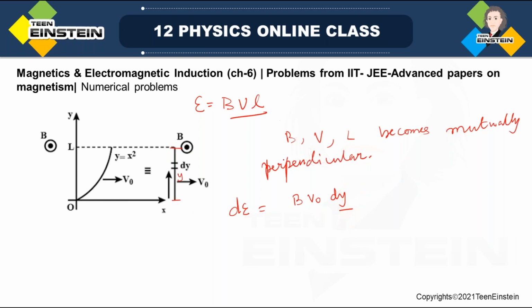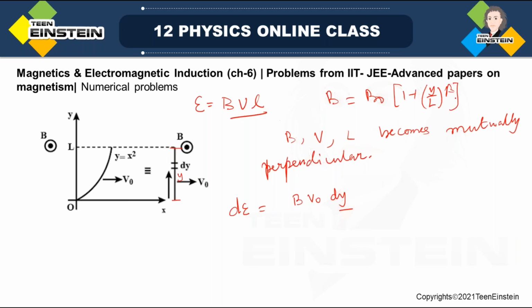And also you can see B is actually not constant. This is changing with y by L to the power beta.